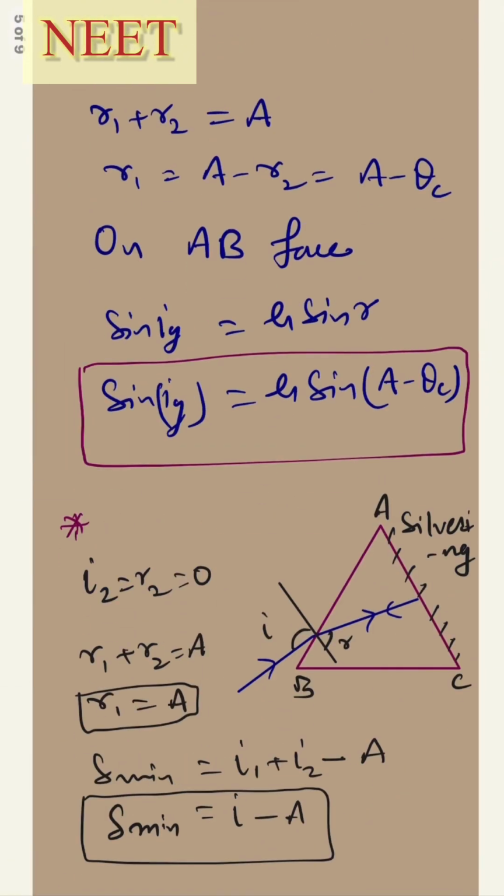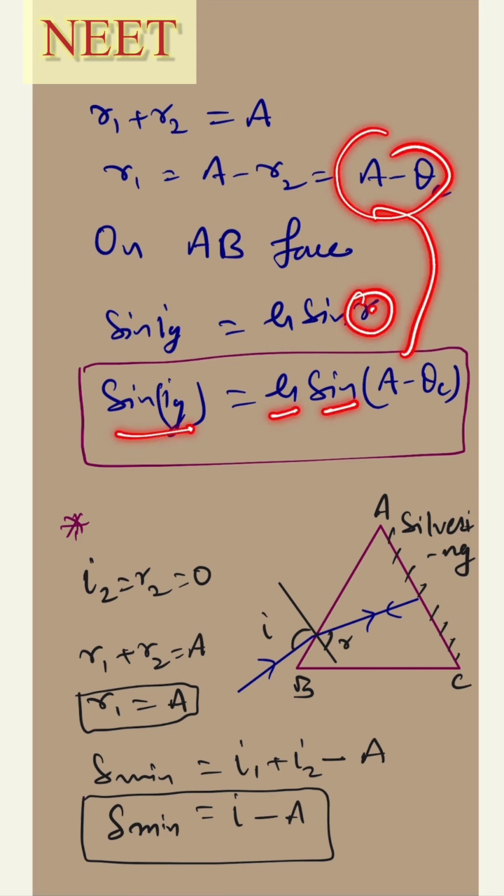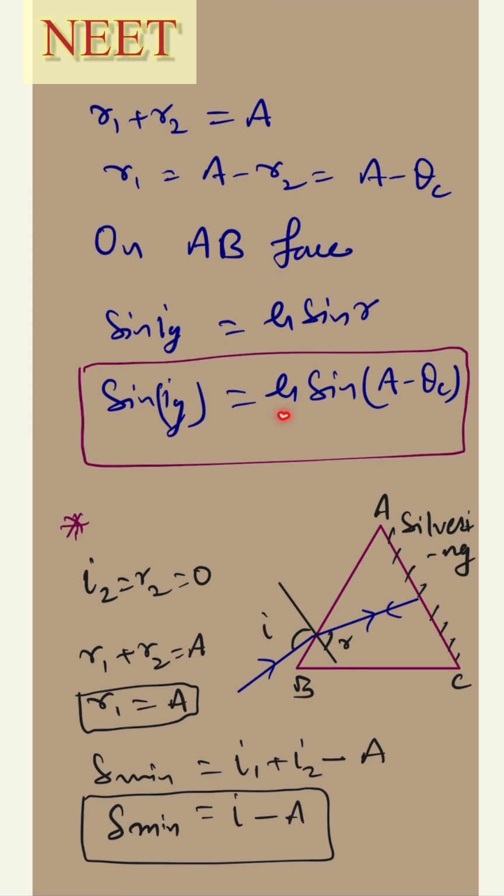So sine Ig is equal to mu sine, and in place of R, we can put this value: mu sine (A minus theta C). From that, we can find whatever value we need in the question.